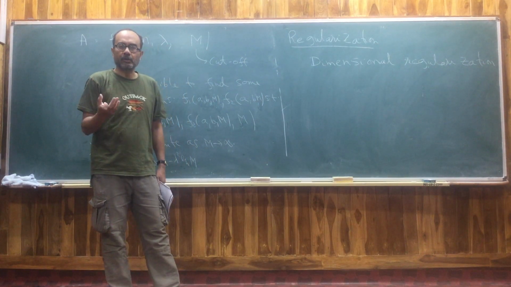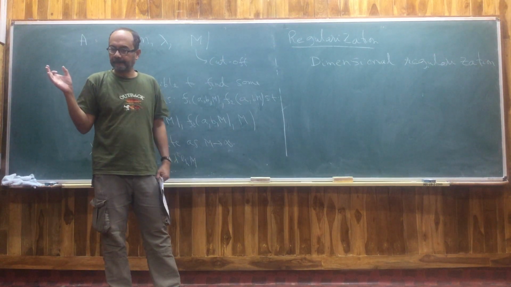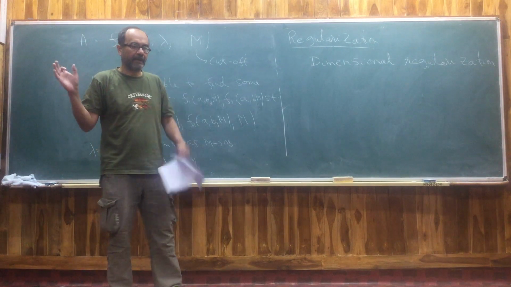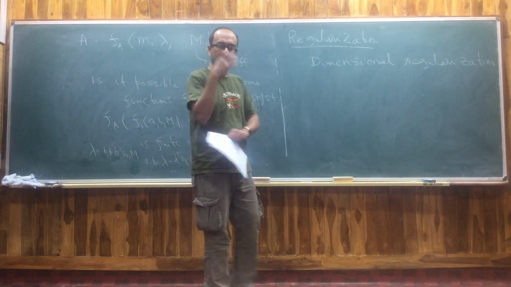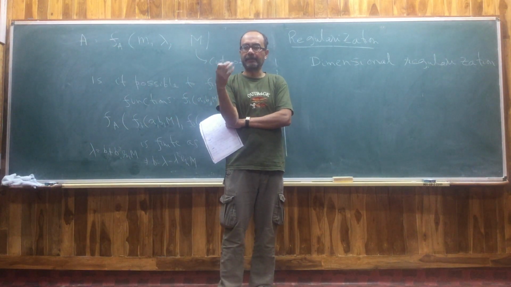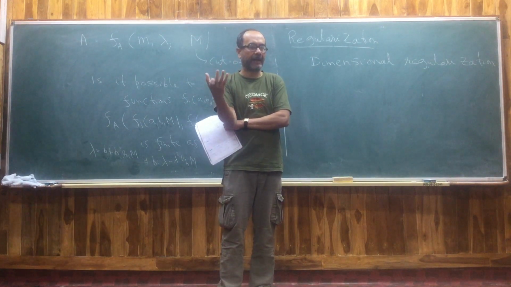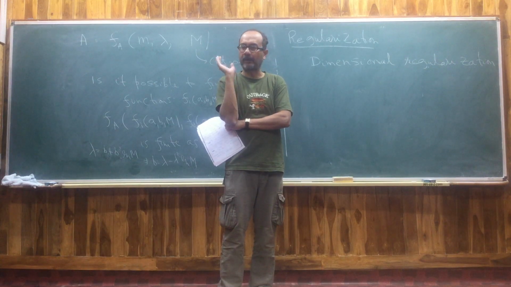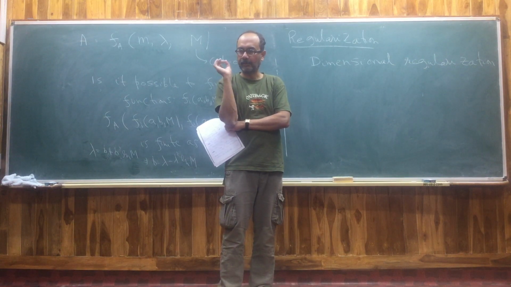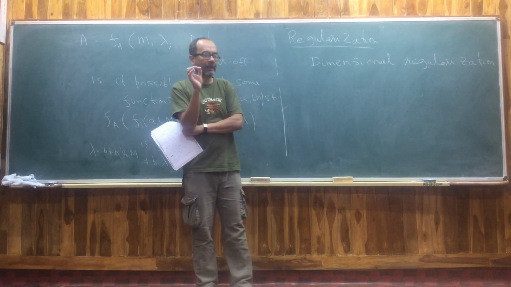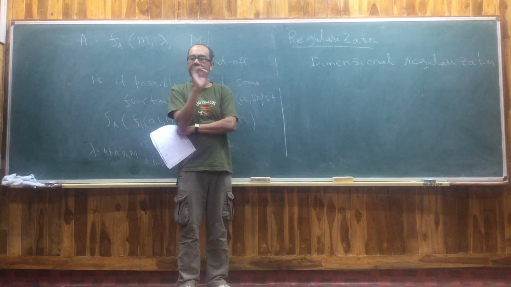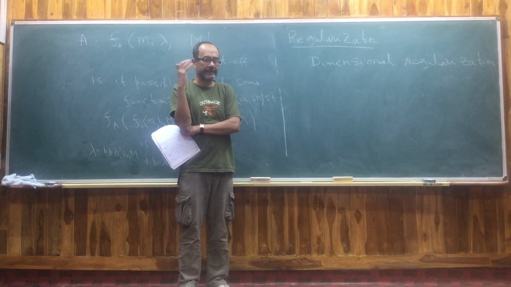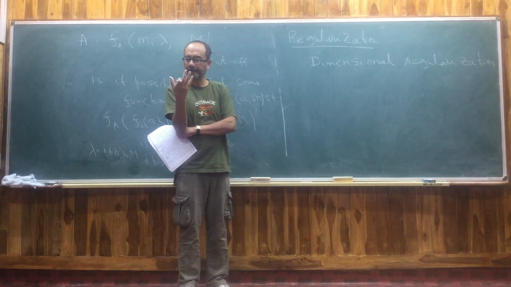The purpose of regularization was to first make the integrals finite. We make the integrals finite by putting some kind of cutoff, then do our manipulations. After you have expressed m and lambda in terms of finite parameters, at the end we take the regulator to infinity. That was the goal. So first, the job of the regulator will be to give a finite result for every quantity, even if it doesn't make sense physically.